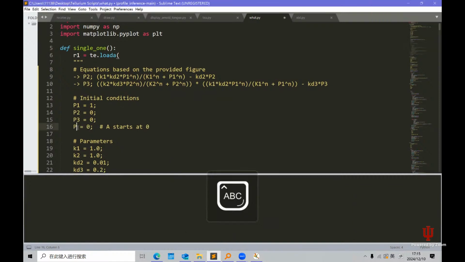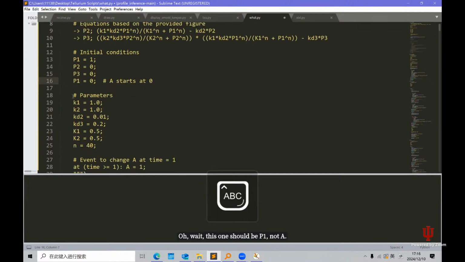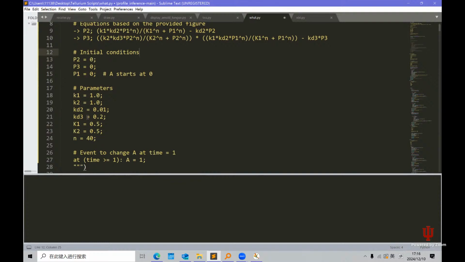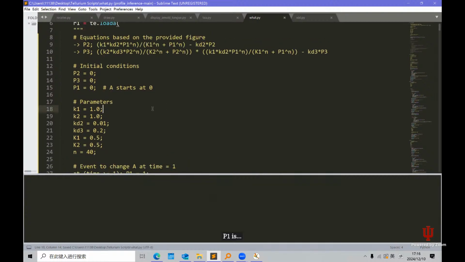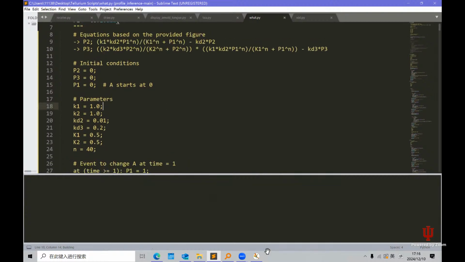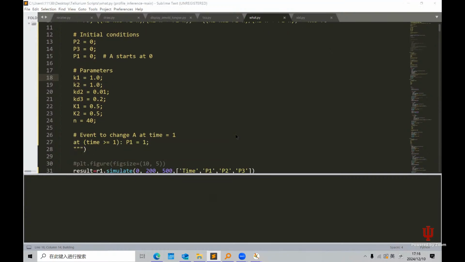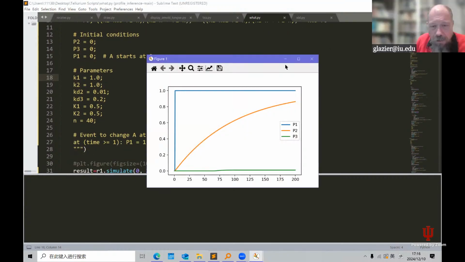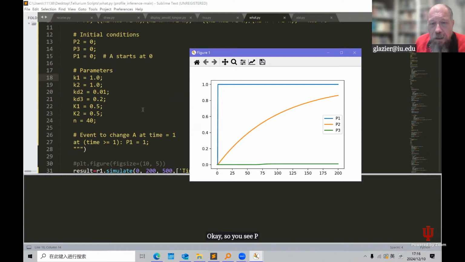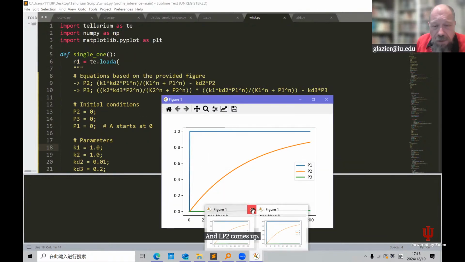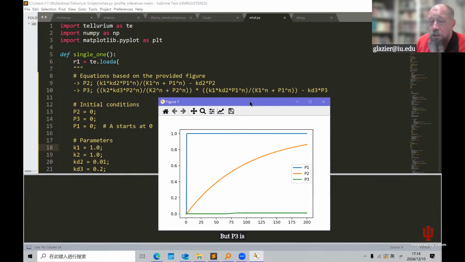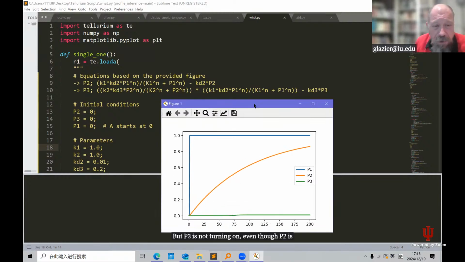Oh, wait, this one should be P1, not A. Okay, so you see P1 turns on, and now P2 comes up, but P3 is not turning on, even though P2 is off. So let's see why that is.